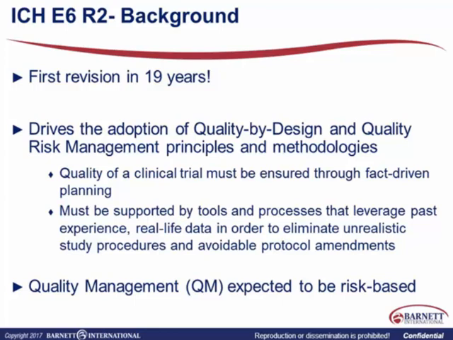So you really have to take a look at what you know about your study, what you know about the disease that you're studying, your patient population, and use that knowledge to look at how we'll maintain the quality, but also how to, let's say, anticipate risk as well.